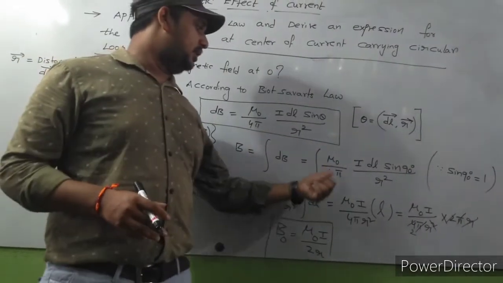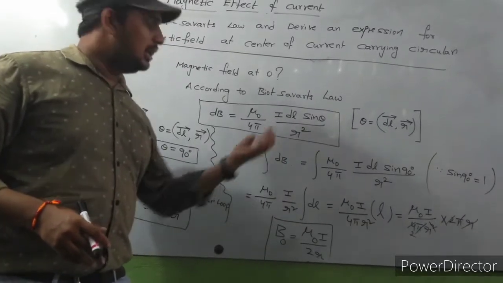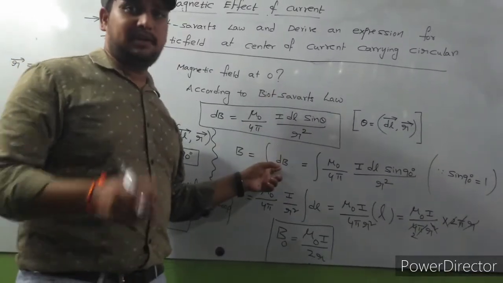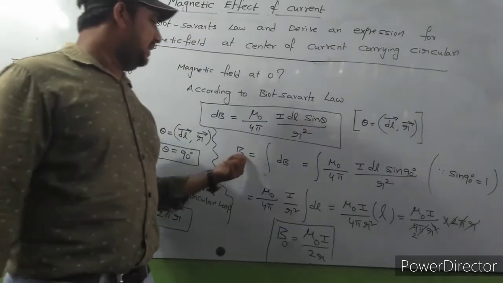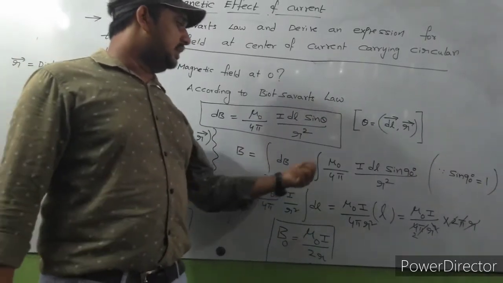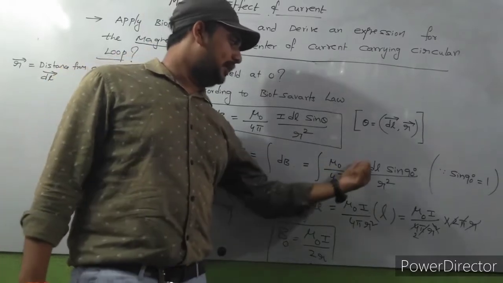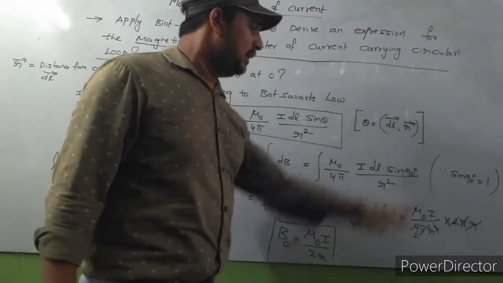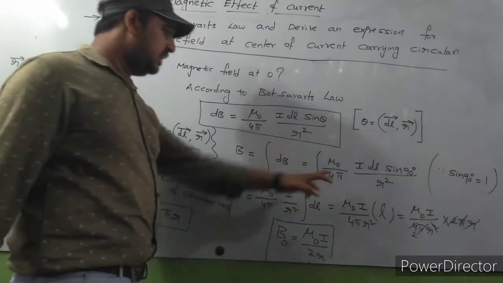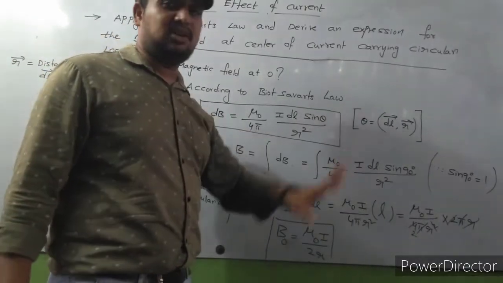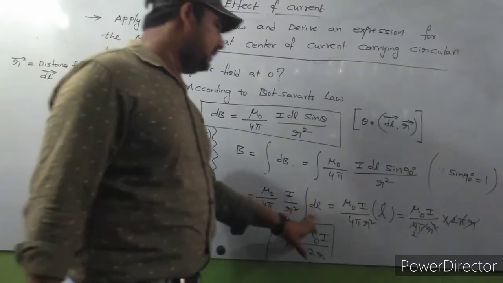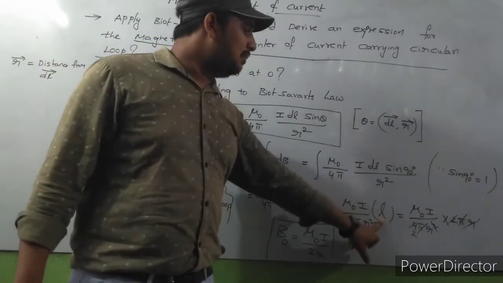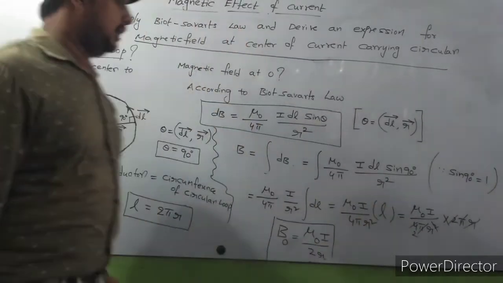How will we get the total magnetic field? If we integrate the smaller magnetic field dB, we will get the total magnetic field. B is equal to integral dB. The value of dB we know: μ0/4π into I dl by r squared into sin 90. Sin 90 value is 1. Here μ0/4π and I by r squared are constant, so the integration of dl is left. Integral dl means L, the length of the conductor.